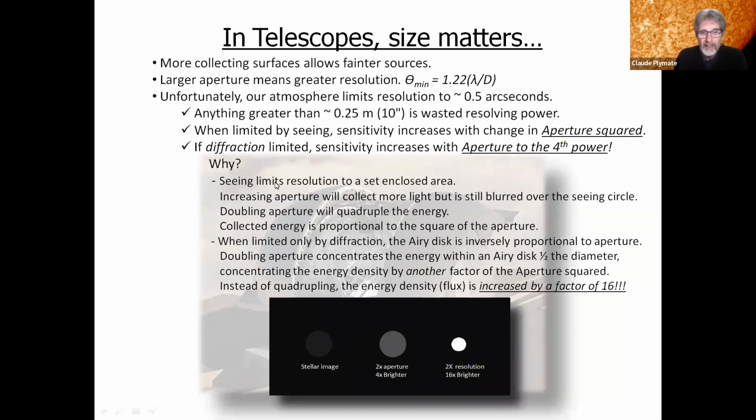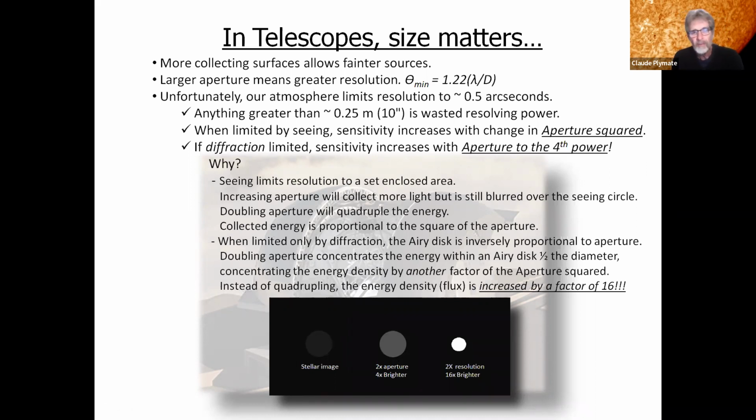Well, of course, seeing limits our resolution to a set enclosed area, whether that's 1 arc second, half arc second, whatever it is. That is the size of an unresolved image, say a star. Well, increase your aperture and you'll collect more energy, but it will still be limited to that enclosed circle, that seeing circle. So double your aperture, yeah, you have 4 times the collecting area, the image will be 4 times brighter.